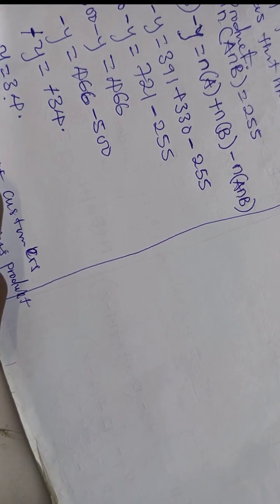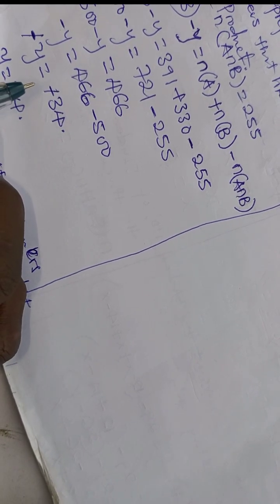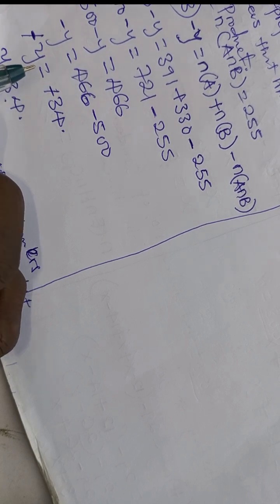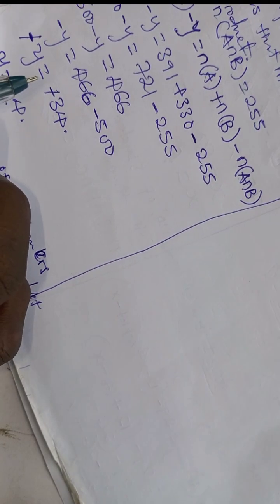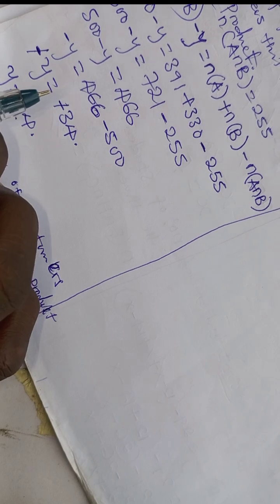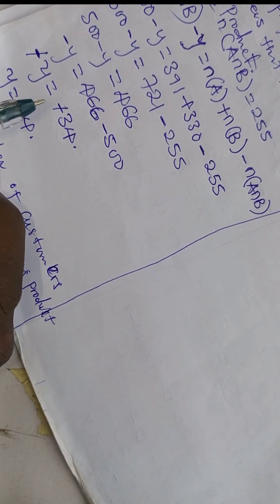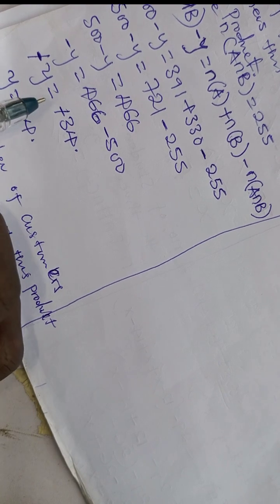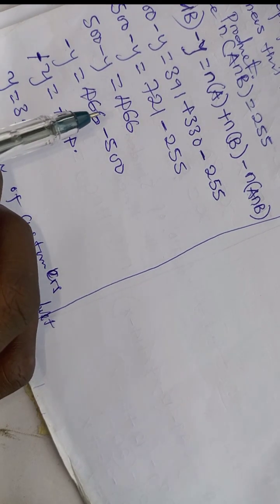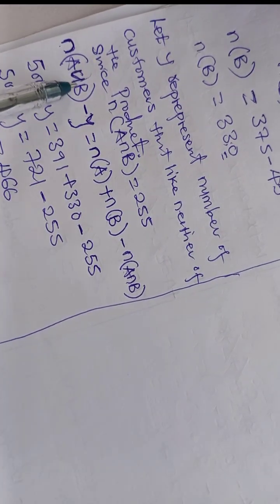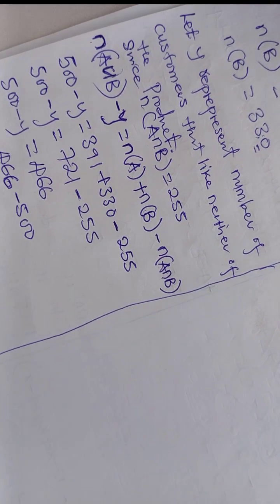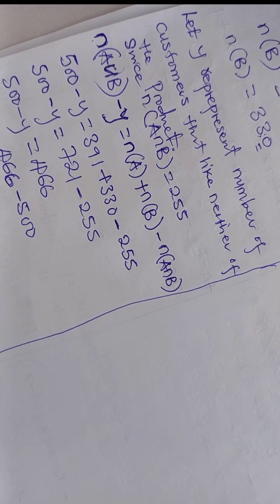Just like I told you from the last rule I gave you initially, I've given you several rules, and the last one I gave was: after you form an equation using the data you've entered in the Venn diagram, to ensure that the data you've entered in the Venn diagram are equal, you are going to substitute the values you've gotten into the equation you generated. At this point, we generated an equation and we found y to be equal to 34.